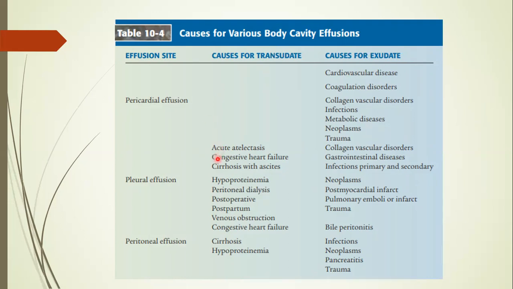For example, the transudative effusion in the pericardial cavity is associated with congestive heart failure. Cirrhosis is most likely associated with peritoneal effusion, but there are instances wherein you have portal hypertension, which may also cause accumulation of fluid in the pericardial cavity.